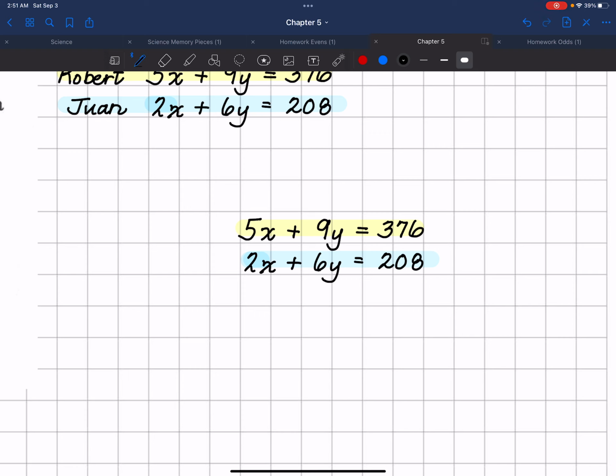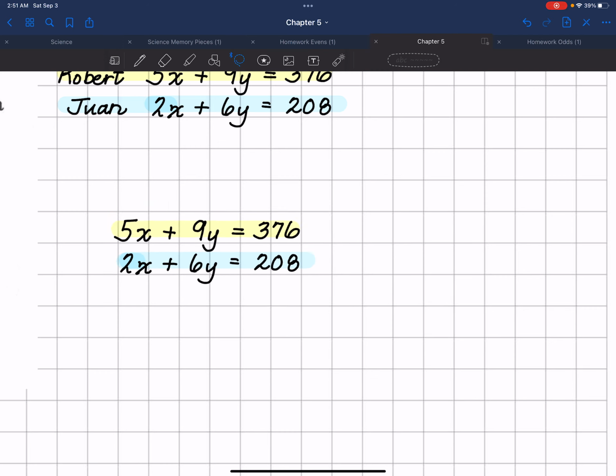All right, I need to get either my x's or my y's to be equal absolute values, but opposite signed. So I'm going to work with both of them this time. I think this is why they didn't ask me to solve, because it's not an easy one to solve.